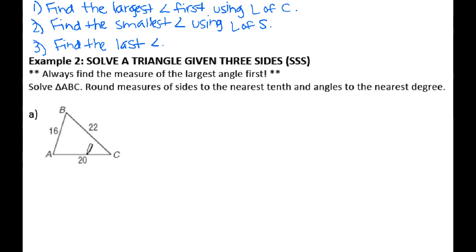So step number 1, find the largest angle using the law of cosines. The largest angle is opposite the largest side. So there's my largest side, which means I am finding angle A. Since I'm solving for angle A, I'm going to start off the law of cosines with the 22. So it's going to be 22 squared equals my other two sides squared, so 16 squared plus 20 squared, minus 2 times the other two sides, and then cosine of angle A. 22 squared is 484.